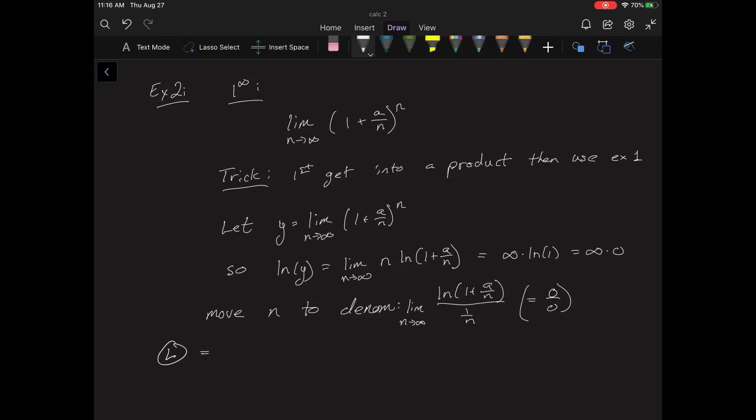Now, taking the derivative of the top, we get 1 over 1 plus a over n times the derivative of 1 plus a over n, all divided by the derivative of 1 over n, which is going to be negative 1 over n squared.